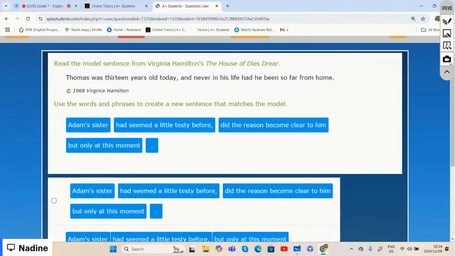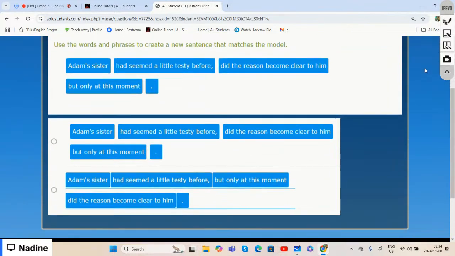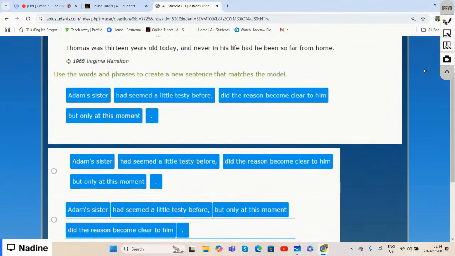All right. So we need to choose the sentence over here. "Thomas was 13 years old today, and never in his life had he been so far from home." We now need to use the words and phrases to create a new sentence that matches the model.